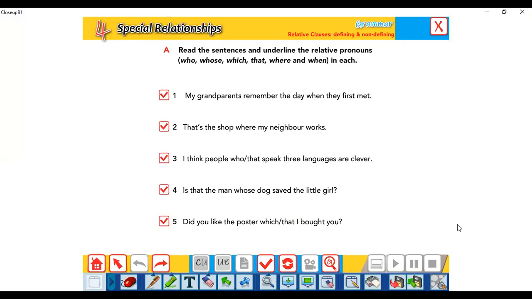If you don't have the book, you can look at the screen on your computer. I'm sharing the screen. Can you see it? Yes. Okay. Answer number one, Ahmed. My grandparents remember the day when they first met. Where is the relative pronoun here?